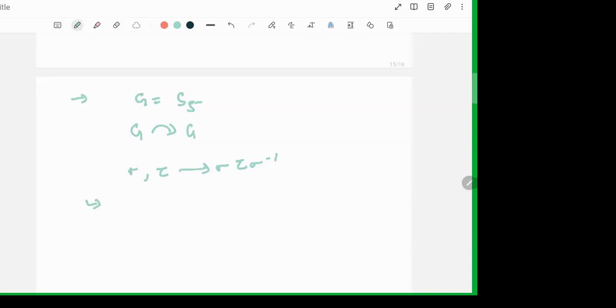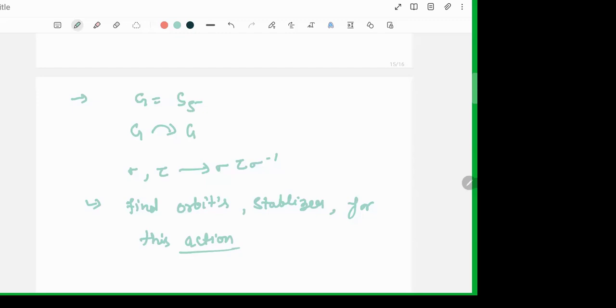So what are the tasks for you? Find orbits and stabilizers for this action. Can you repeat what was tau? Tau is any permutation, sigma is also a permutation. Sigma belongs to G, tau belongs to G, because the same group is acting on itself.